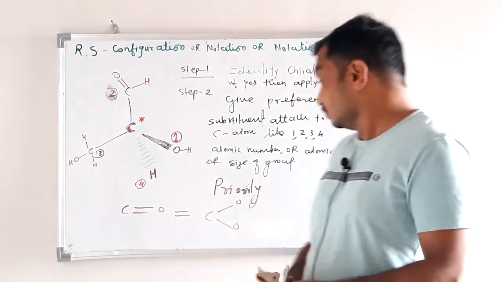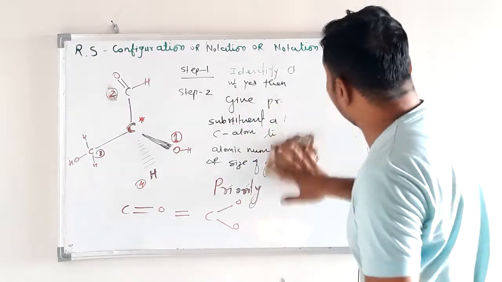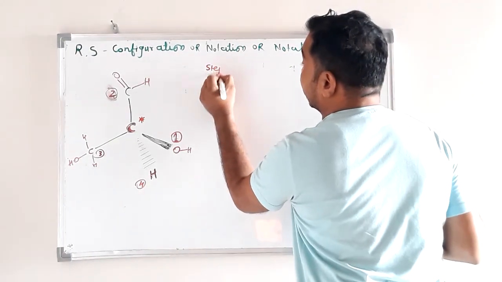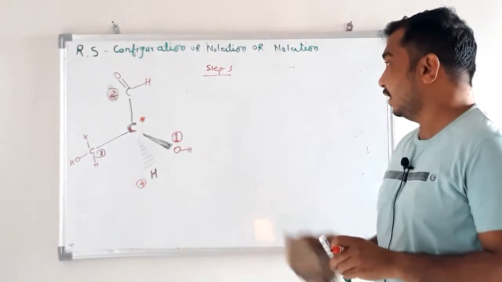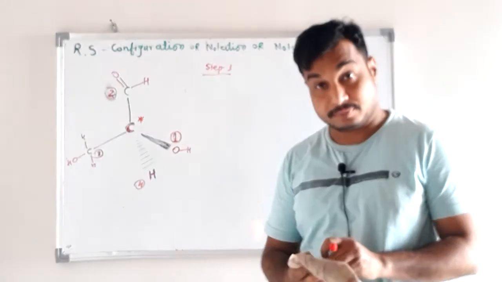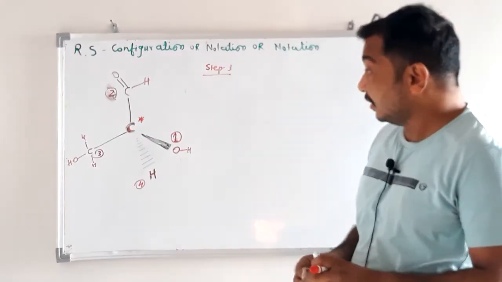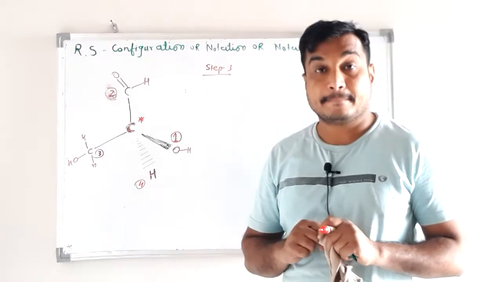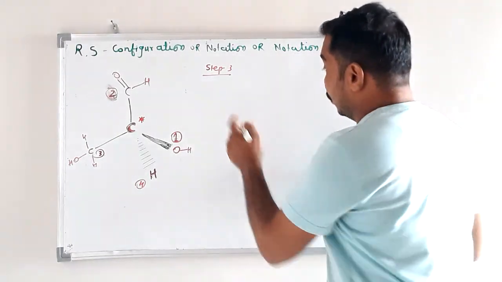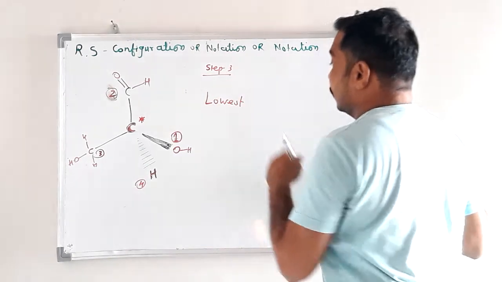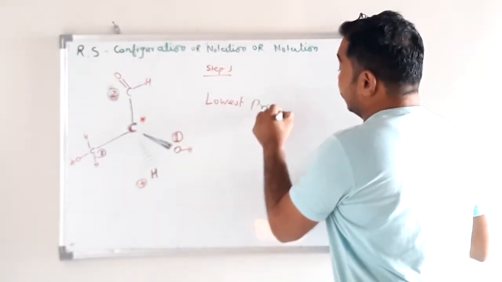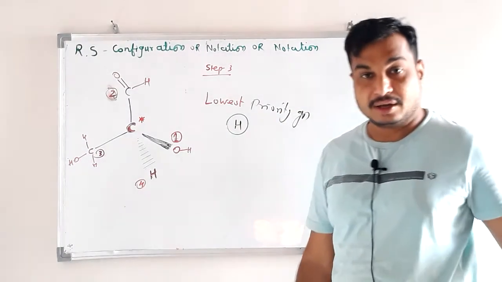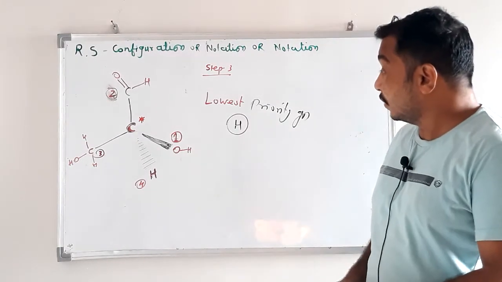Okay, right? Now, these are step 2. Now what do we have to do? Then we have to follow step 3. After giving priority, we have to be careful about the lowest priority group, here that is hydrogen. What care do we have to take?